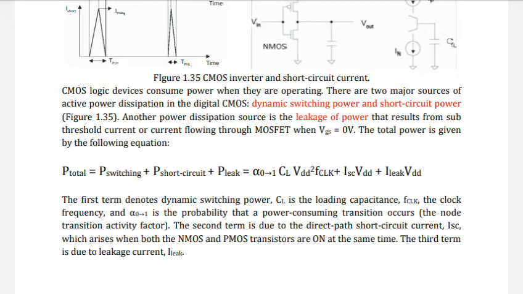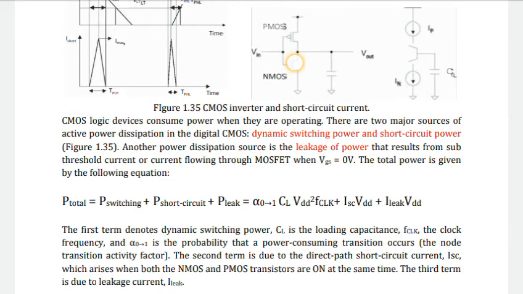The second term is due to the direct path short circuit current ISC, which arises when both the NMOS and PMOS transistors are on at the same time.